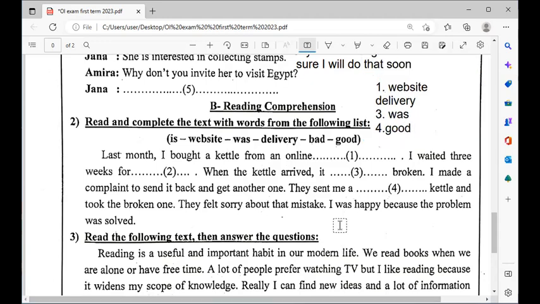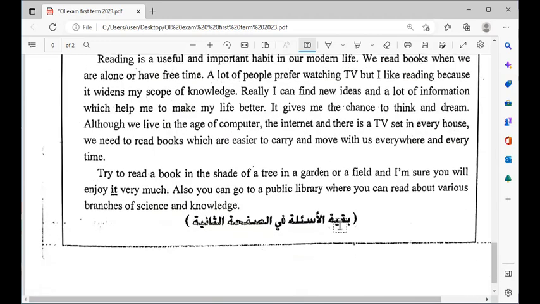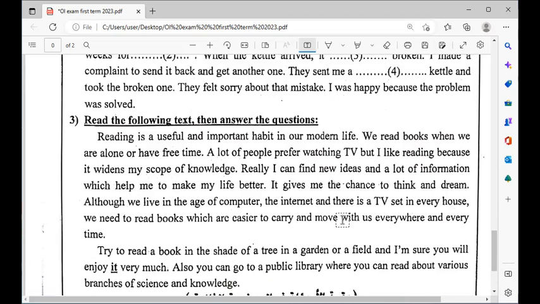The third question is the passage. Let's read it. Read the following text and then answer the questions. Reading is a useful and important habit in our modern life. We read books when we are alone or when we have free time.